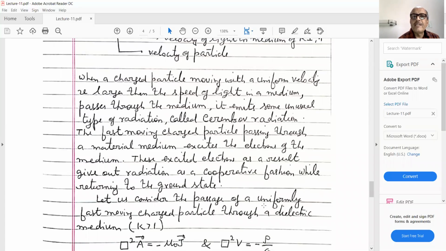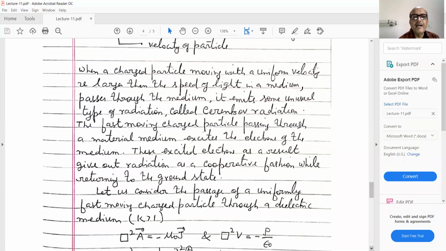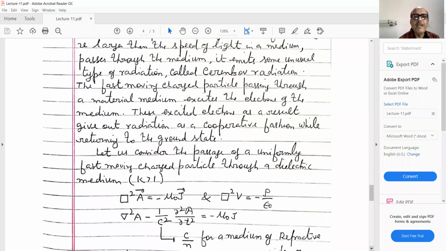So it's a dielectric medium, with dielectric constant K. The dielectric constant K is related with the refractive index of the medium, and you know these two equations: d'Alembertian of A equals minus mu 0 J, and d'Alembertian of phi equals minus rho upon epsilon 0. We need to solve these two equations to understand radiations. That is what we have been doing for the last several lectures.